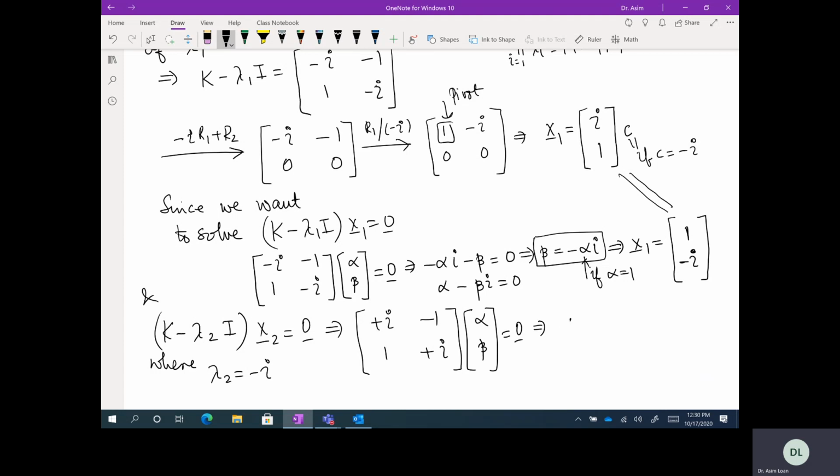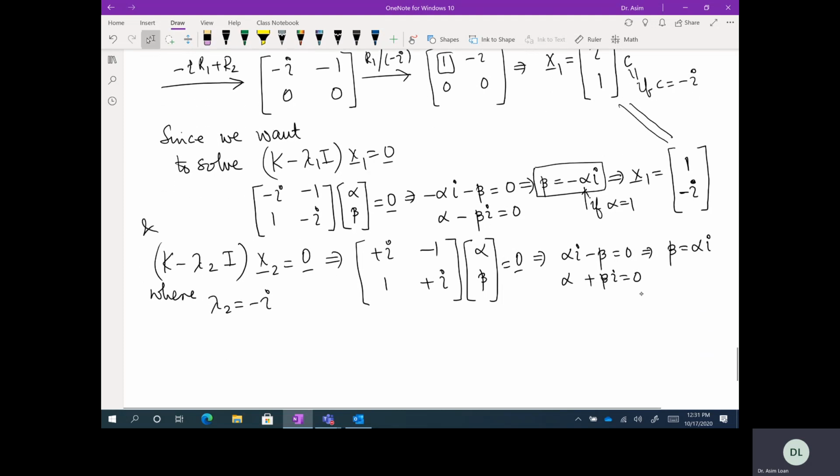This implies alpha iota minus beta equals 0, or alpha plus beta iota equals 0. So again, beta is equal to alpha iota. So x2 equals, with alpha equal to 1, beta equal to plus iota.